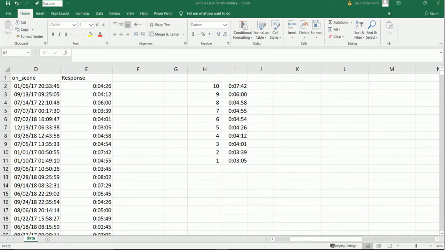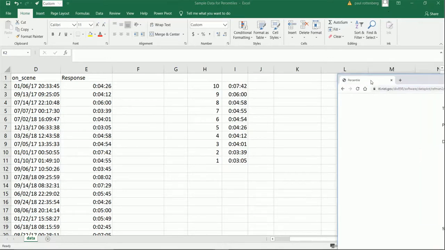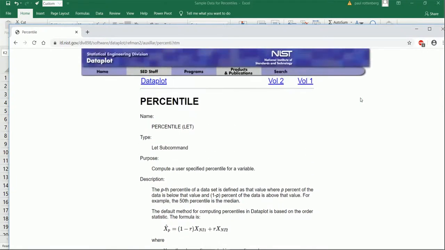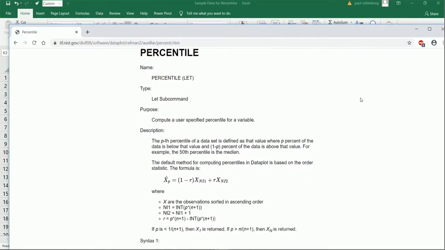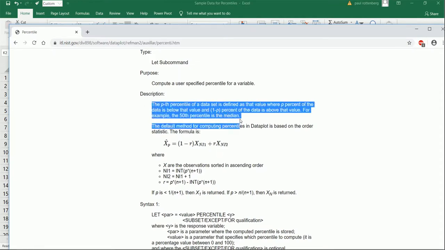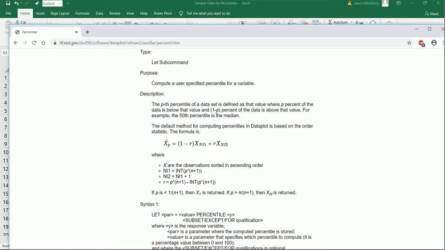Now, let's take a look at another reference. You can see up here, this is from NIST, the National Institute of Standards and Technology. They have essentially a statistics handbook. And if you look here, reading under description, it says the pth percentile of a data set is defined as that value where p% of the data is below that value and 1 minus p% of the data is above that value.